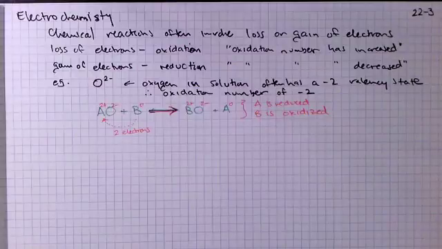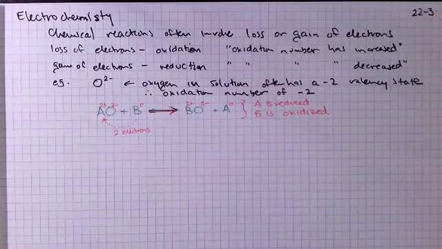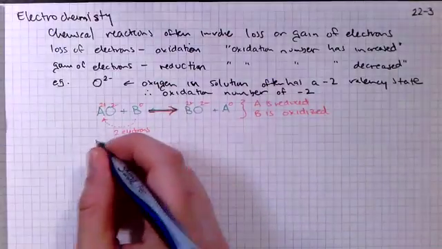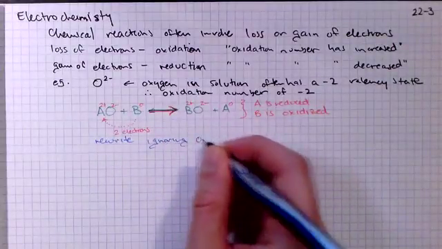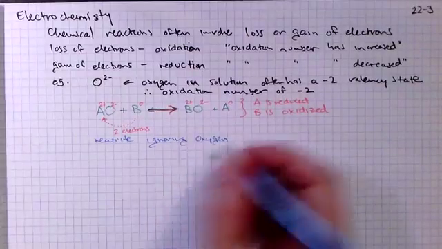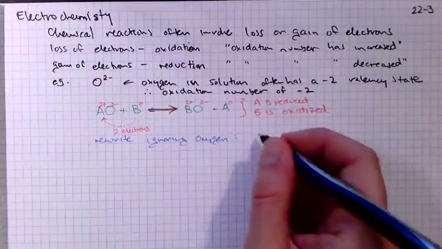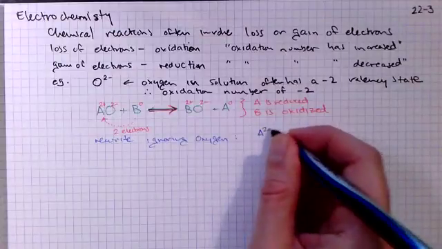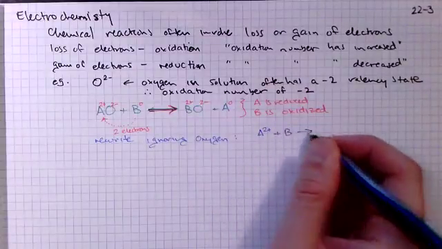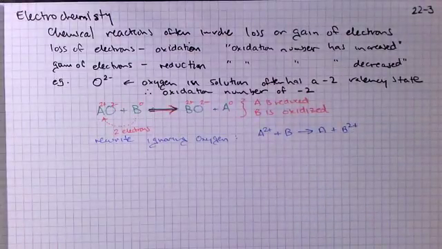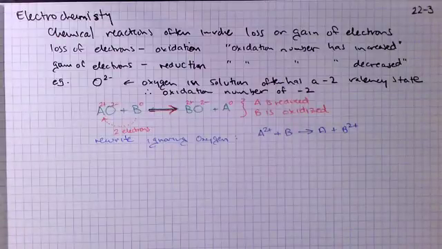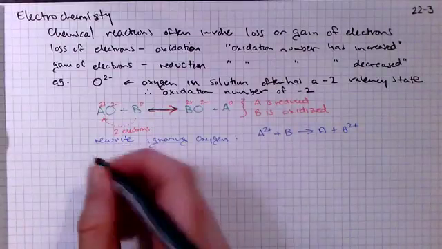Okay. Now, we can rewrite this. One way to simplify the problem, or at least to look more specifically at the part of the problem we're interested in, is to rewrite this ignoring the oxygen. And then the reaction would look like A2+ plus B goes to A plus B2+. Or we can write this as half reactions.